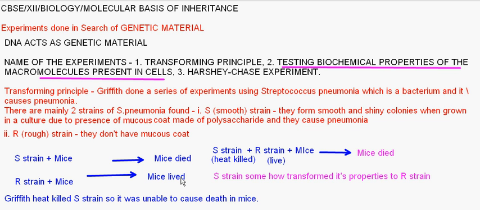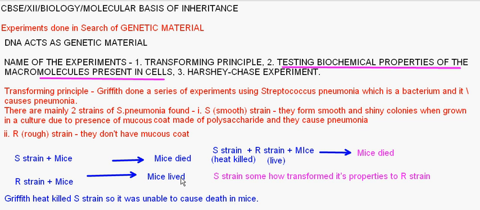They introduced RNases, that is RNA degrading enzymes, and proteases, protein degrading enzymes, in the cells of S strain as well as R strain. In this experiment, they still found that the transformation occurs and the mice died.